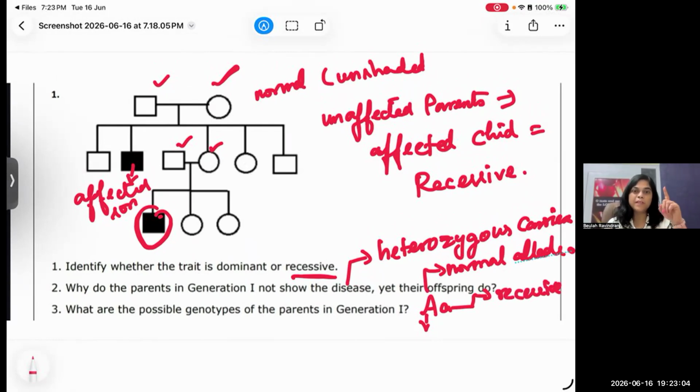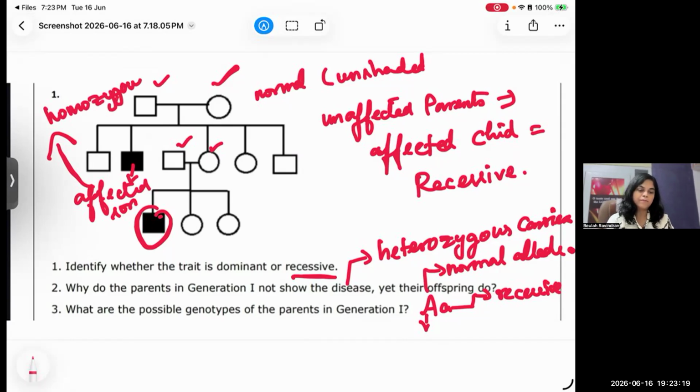The affected son in generation 2 shows the disease, so his genotype must be homozygous recessive. How about this particular affected son in the second generation? His genotype is homozygous recessive, small a small a. He inherits one small a allele from his father and one small a allele from his mother.